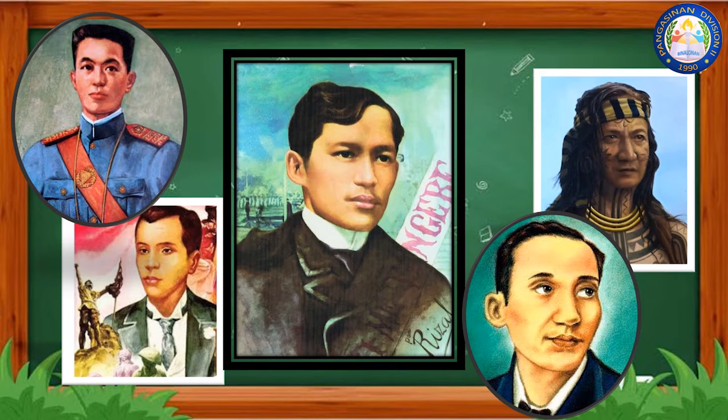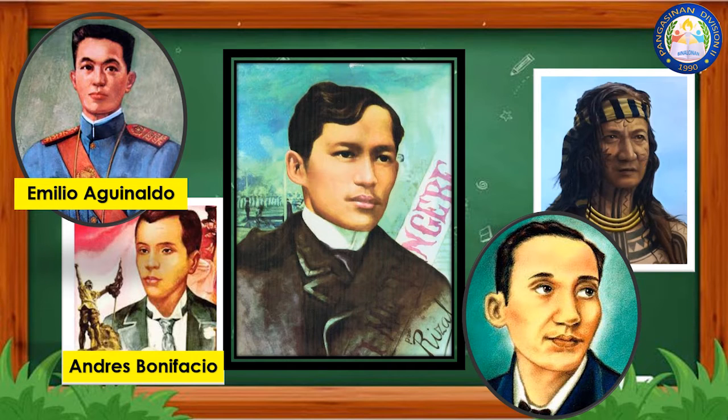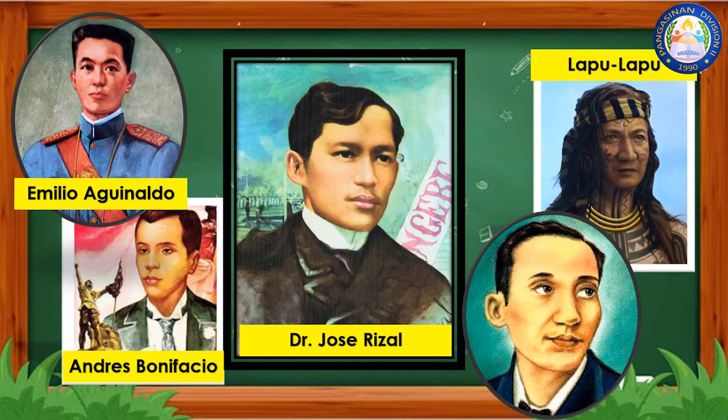Look into these pictures. What do you see? Are they familiar to you? Okay, let's name each of them. The first one is Emilio Aguinaldo. Next, Andres Bonifacio. The third one, Dr. Jose Rizal. Then, Lapu-Lapu.